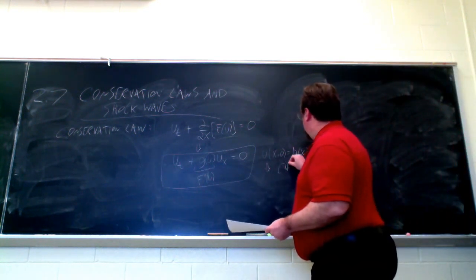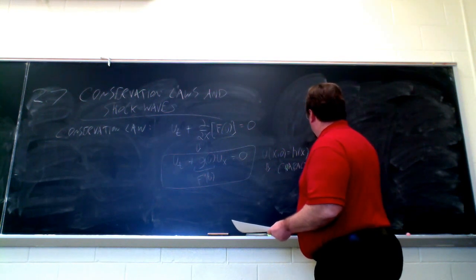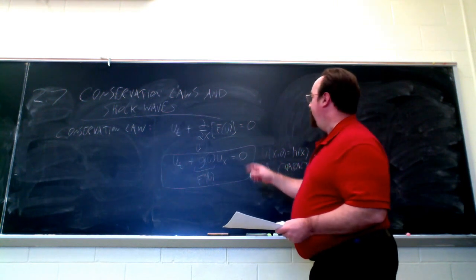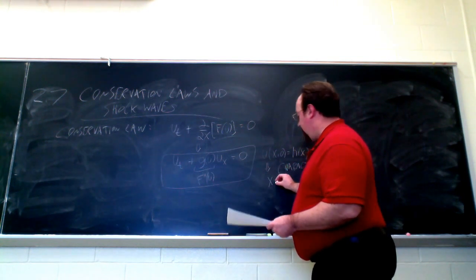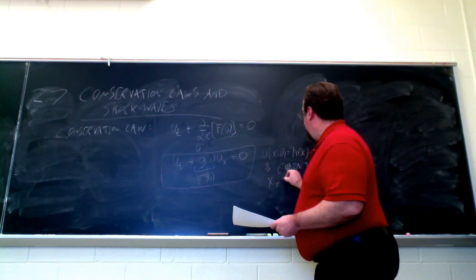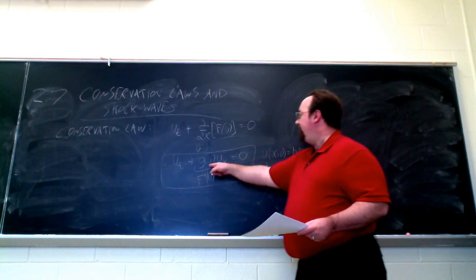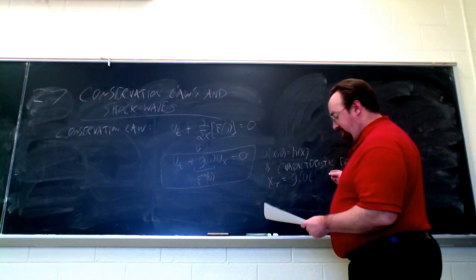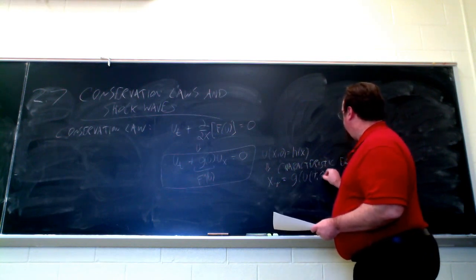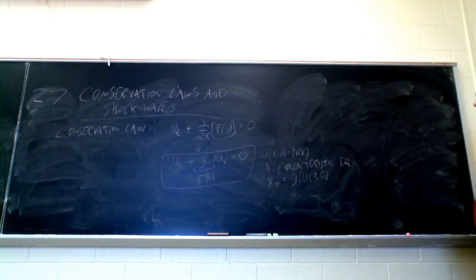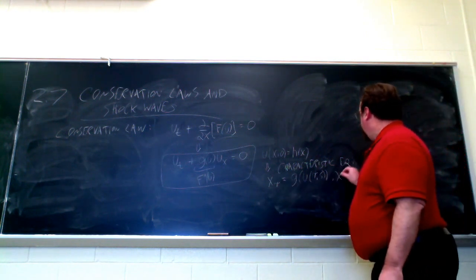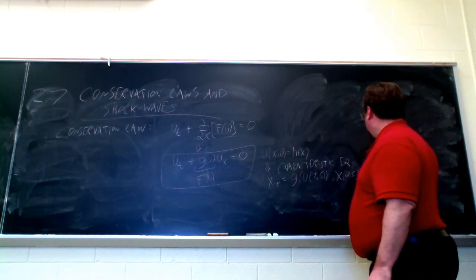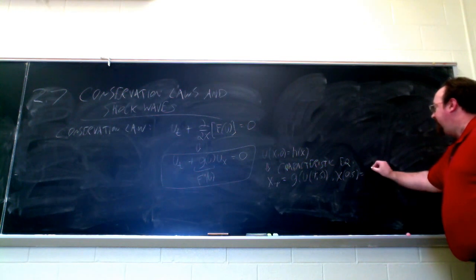So our characteristic equations: dx/d tau is equal to this coefficient g of u, and we'll evaluate u at tau, s. And then our initial value is from our initial curve, which is just the x-axis, so that'll be s.